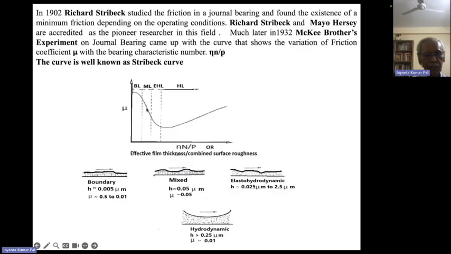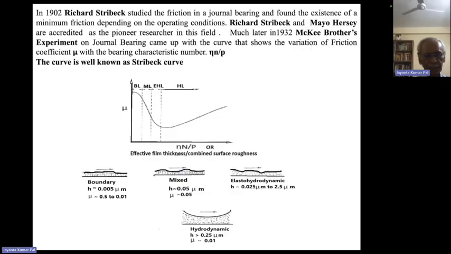Then there is elastohydrodynamic lubrication. In this mode, the lubrication is governed by the combined action of the deformation of the contacting surfaces and the hydrodynamic action of the fluid.